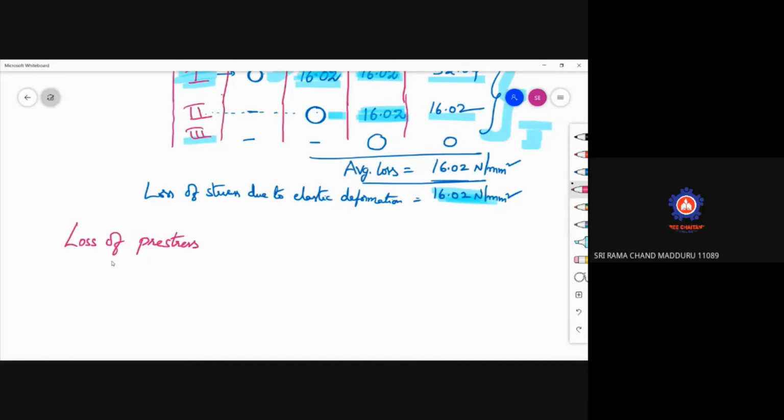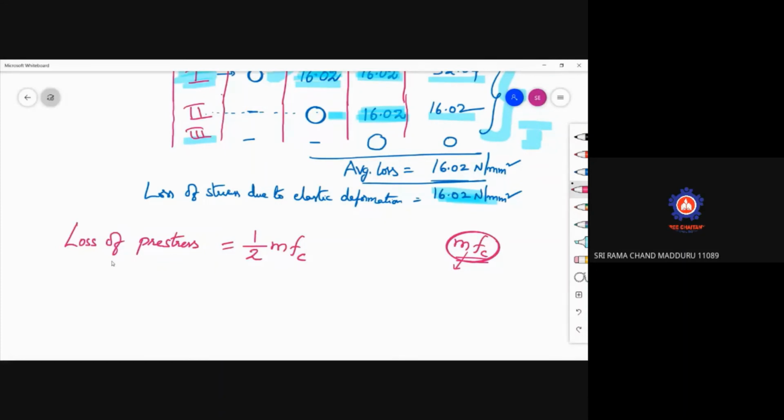The loss of pre-stress is equal to half times m into fc. We know that generally m into fc is considered as the loss of stress in steel due to elastic deformation. However, this is for pre-tensioning cases, and in the case of post-tensioning, it is the average loss of pre-stress for all the tendons, since you are doing them one by one.